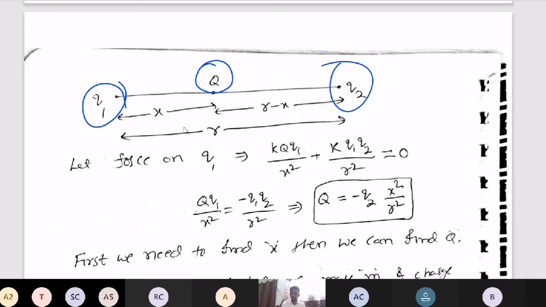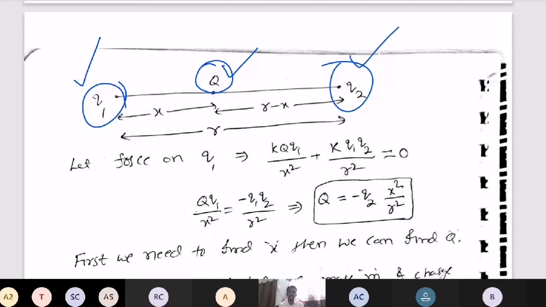Then I told you that if you want to find position, you find the resultant force on the third charge. If you want to find the third charge value, you have to find the resultant force on either Q1 or Q2.